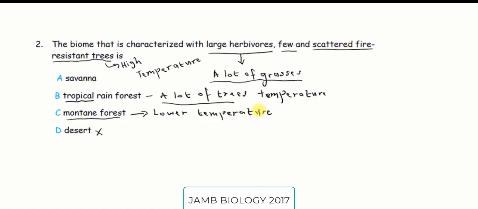Having said that, the temperature in the tropical rainforest is not as high as what we have in the savanna. Otherwise, we wouldn't have a lot of trees in the first instance. So the correct answer is the savanna.